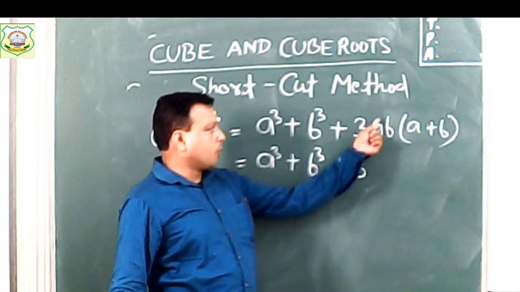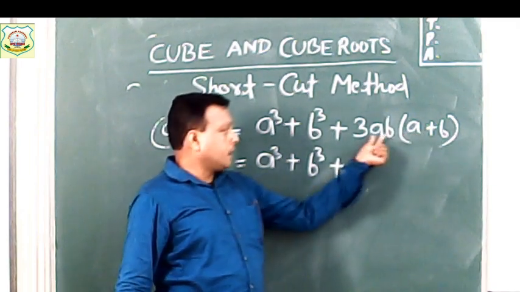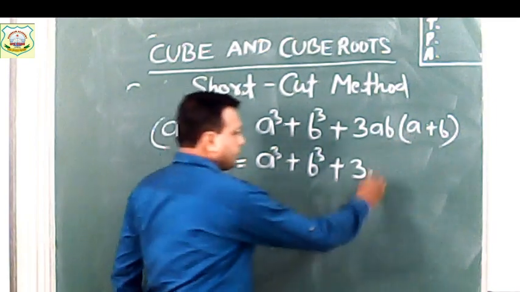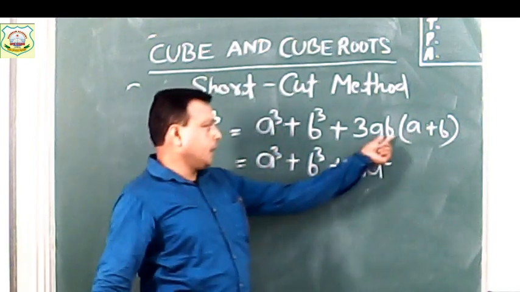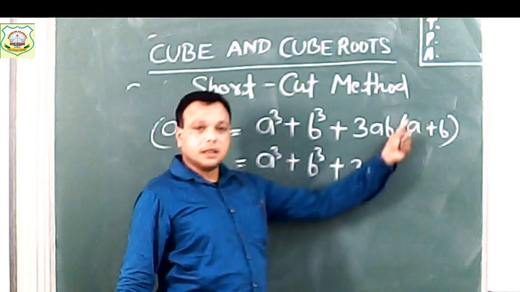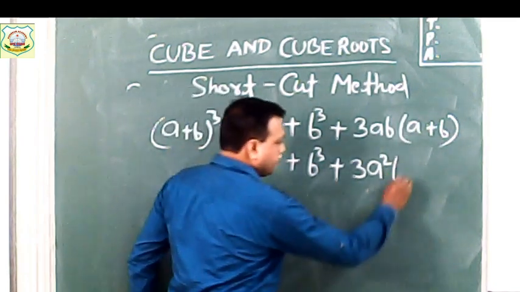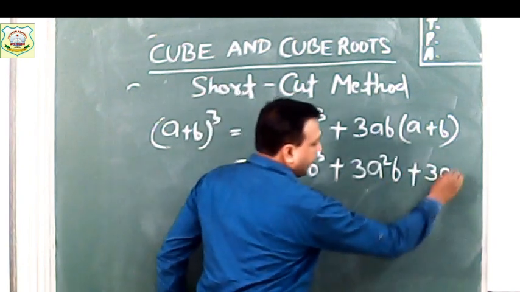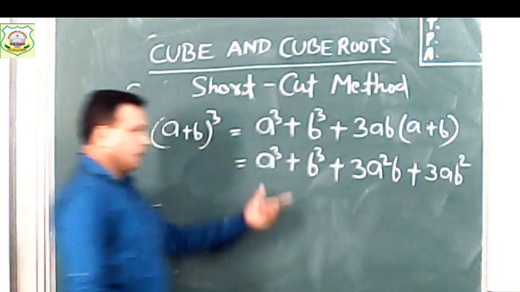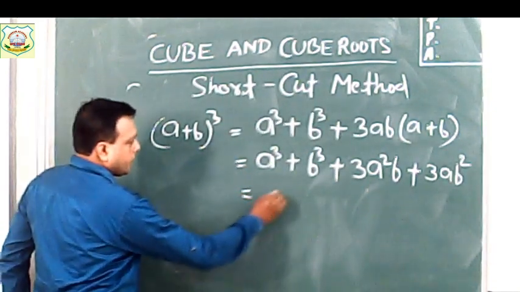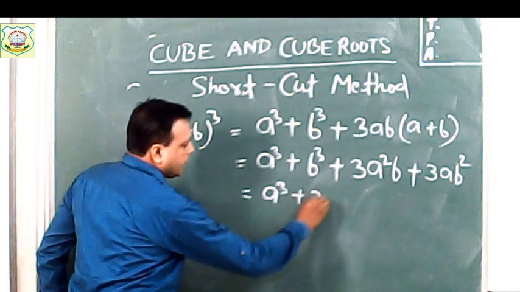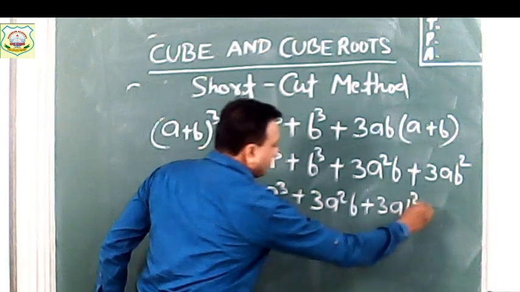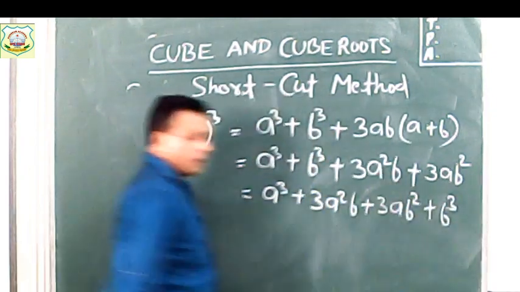A is power 1, here also a, so a power 1 multiply a power 1 gives a power 2. B is not here, so we will write only the b. Plus 3, similarly, a b square. Now we will arrange this: a cube plus 3a square b plus 3ab square plus b cube.